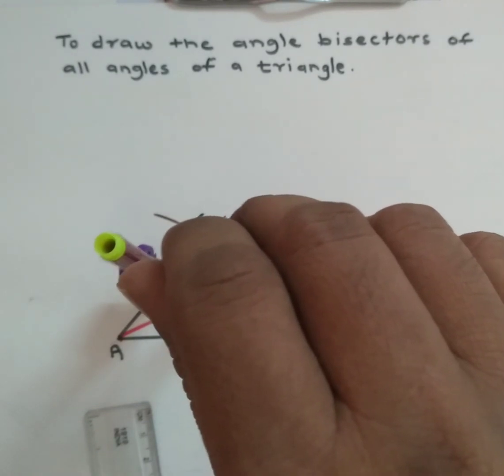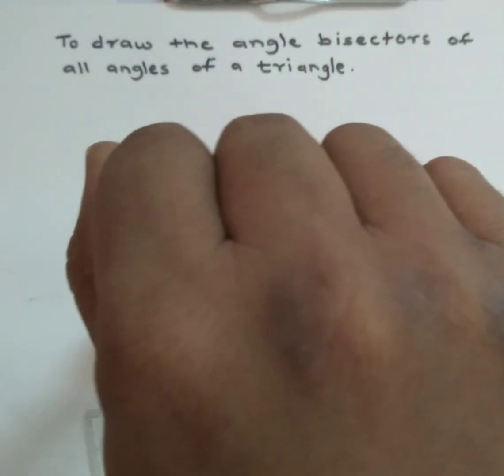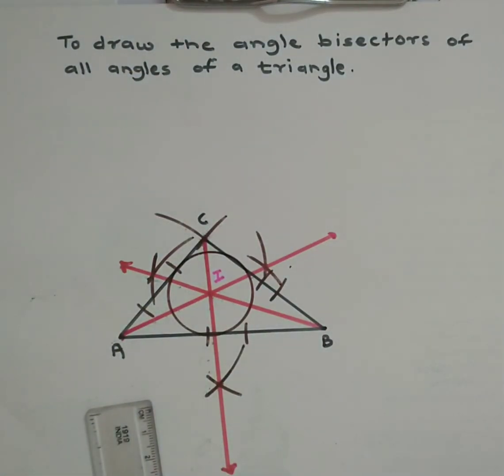Incenter means if we draw a circle like this, it will touch all the sides of triangle ABC, and therefore we say that this point is equidistant from the sides of triangle ABC, and it is known as the incenter of the triangle.